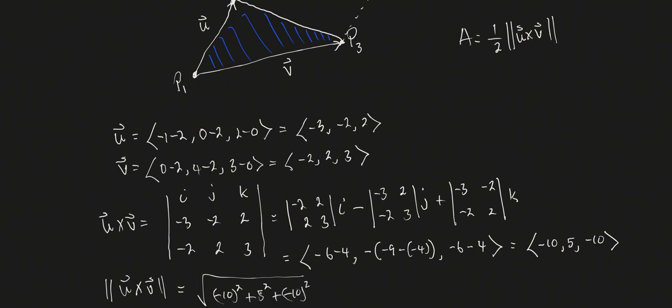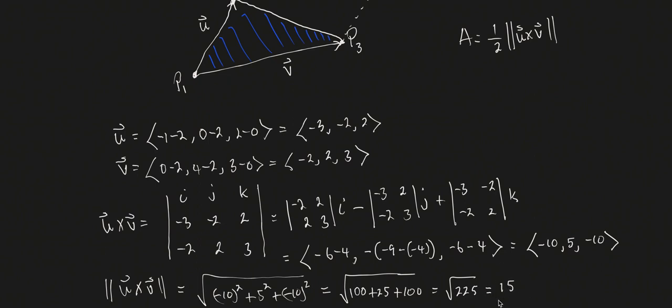Add them up and then take your square root. So what do we have here? The square root of 100 plus 25 plus another 100. So that's the square root of 225, and luckily we have a perfect square. So the square root of 225 is 15.